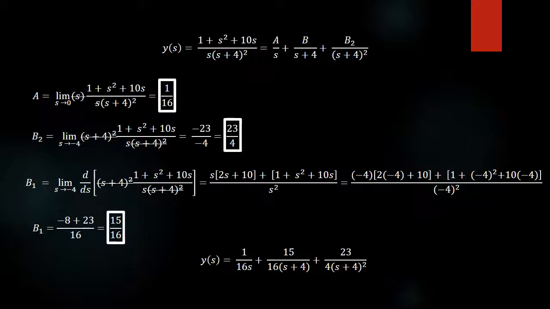Then we substitute the values of each term of the partial fraction expansion, and we obtain that the function Y(s) is equal to 1 over 16 times s, plus 15 over 16 times (s + 4), plus 23 over 4 times (s + 4)².